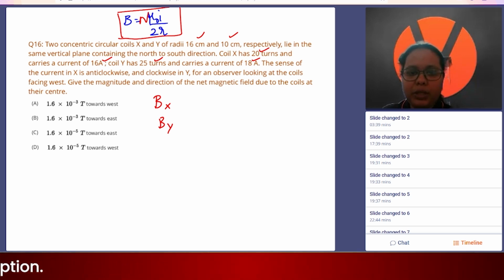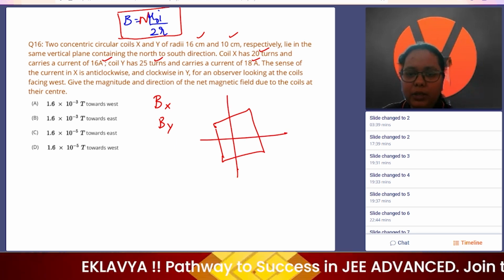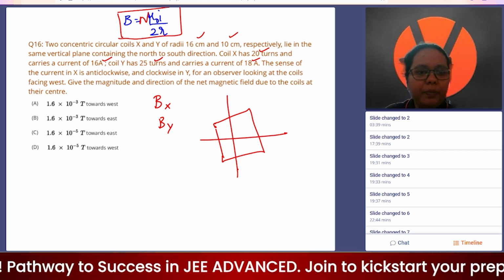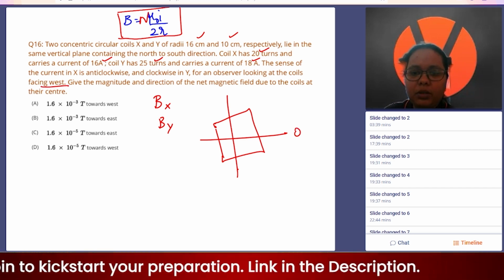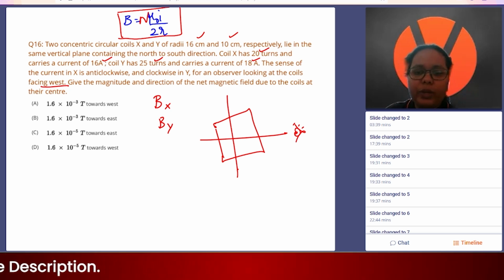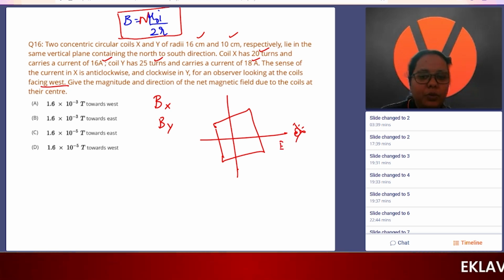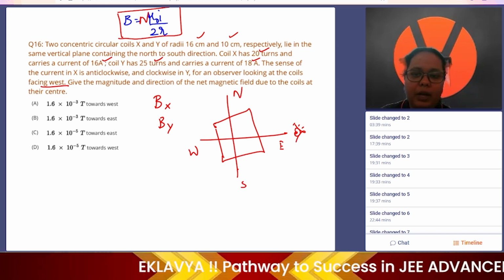If there is a plane, here is the axis. What they mention is an observer facing west, one who is looking at this. So this is east, west, north, and south.